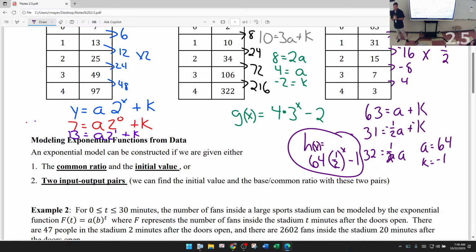Close. You're kind of on the right track. You got the 1/2. Hit me. Go ahead. Don't be bashful. Ooh, no, that's making it too hard. Hit me. Nope. Oh, go ahead. 64 times 2 to the negative x.